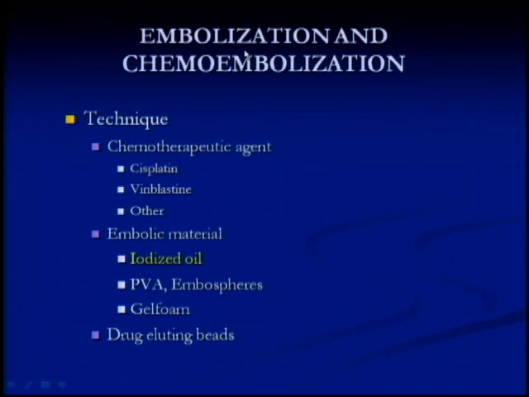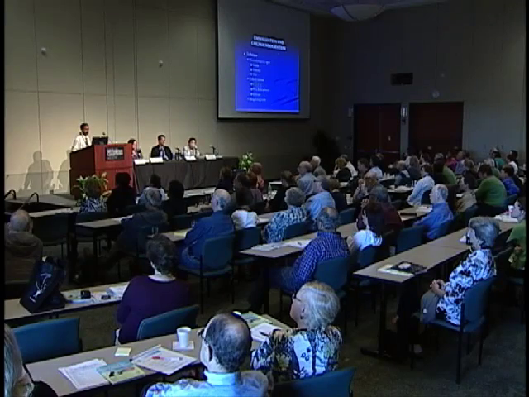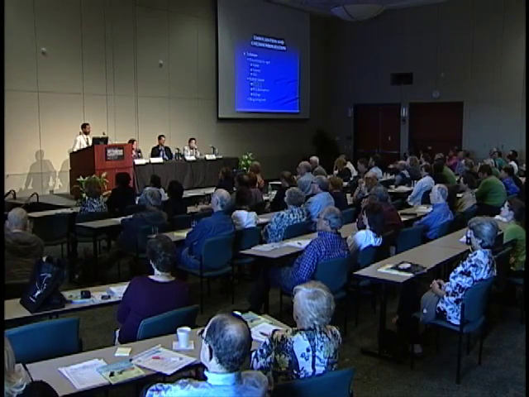We mix the chemotherapeutic agent with the oil and then inject it into the tumor. It's also radio-opaque, so you can see it on the X-ray machine. We follow that with some other kind of embolic agent, which can be PVA, Embosphere, or Gelfoam. A number of agents are available, and all of them can be used, and there is no significant difference between these embolic agents.